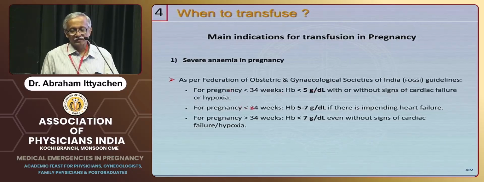For pregnancy less than 34 weeks but hemoglobin more than 5 but less than 7, if there is impending heart failure. For more than 34 weeks, less than 7, even without signs of cardiac failure.